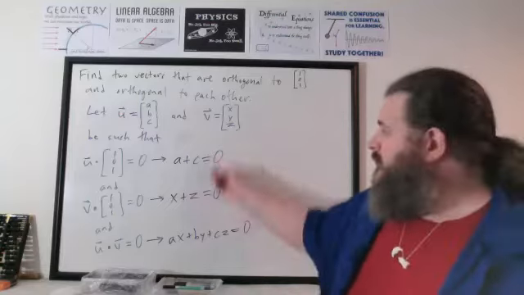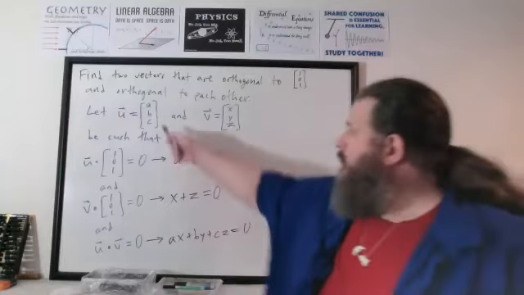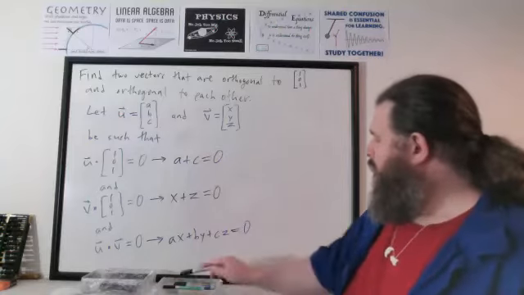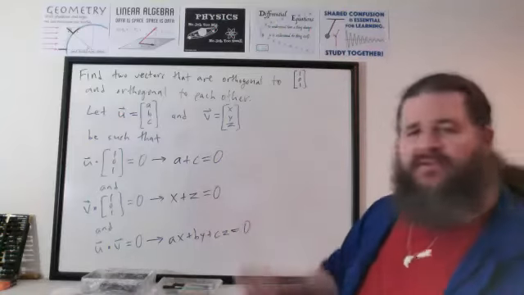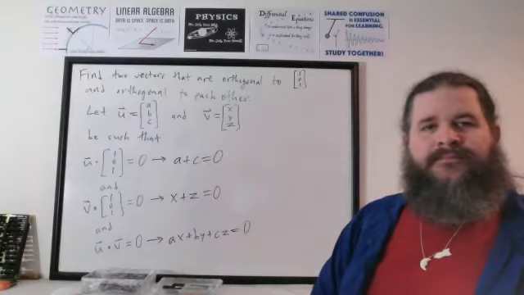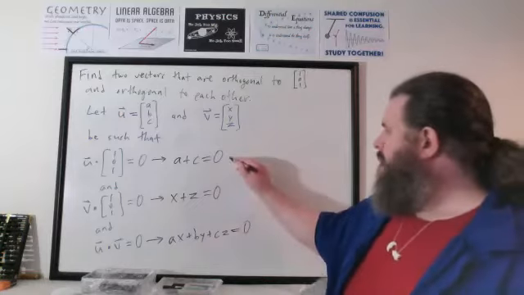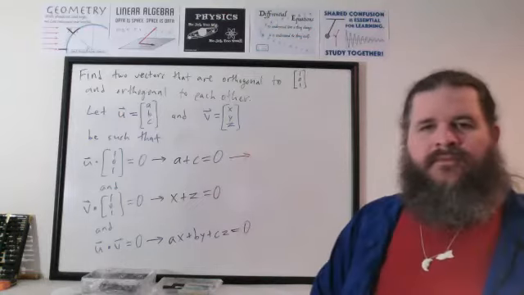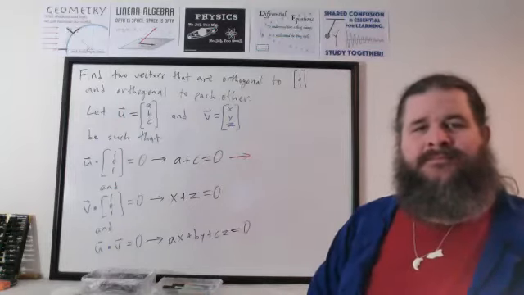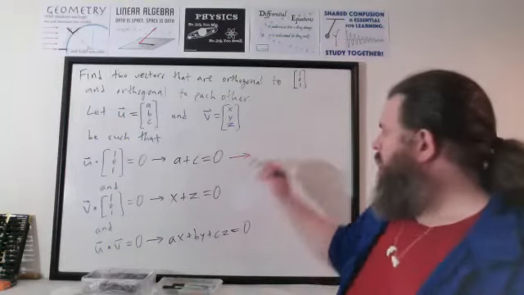But we can use these 3 equations to at least figure out how these 6 values have to be related to each other. For example, if a plus c equals 0, what does that tell us about a and c? For example, could you solve for one of those variables? A equals negative c.